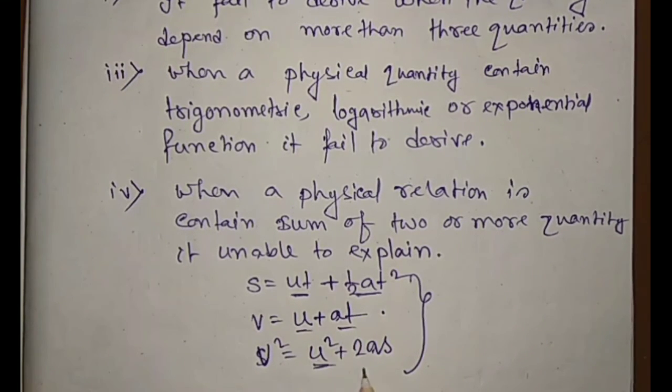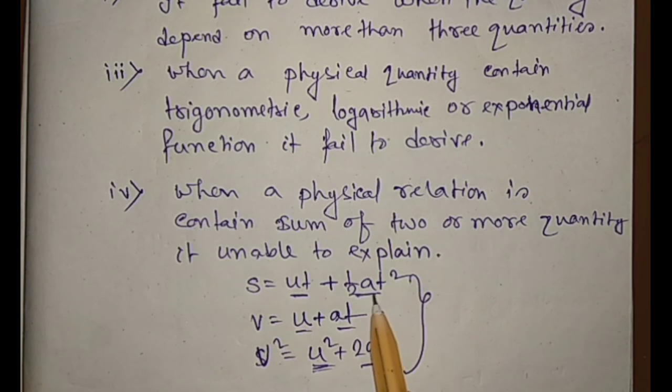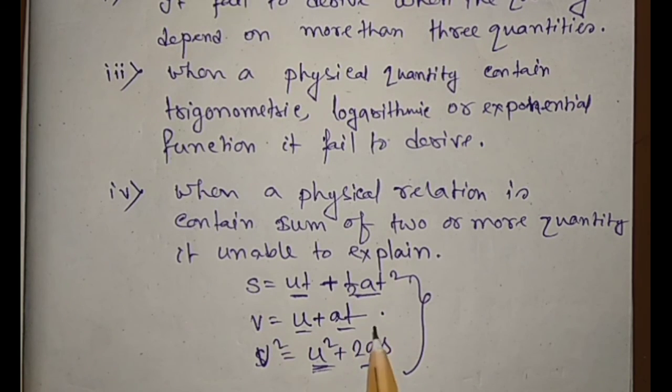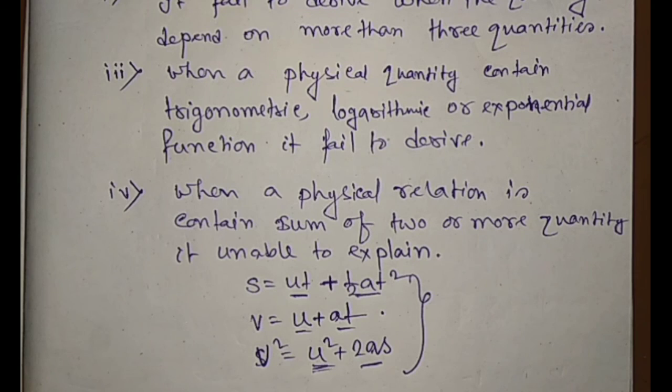Okay, this is the 2 quantities. When 2 or more quantities are combined in addition form, then the dimension analysis method fails to derive. Okay, so these are the limitations of the dimension analysis method. Okay, thank you.